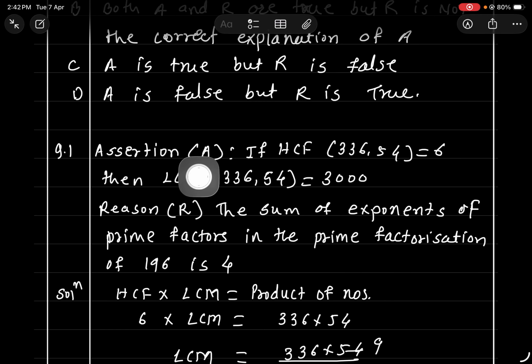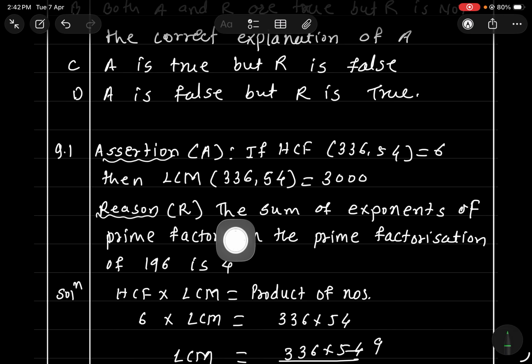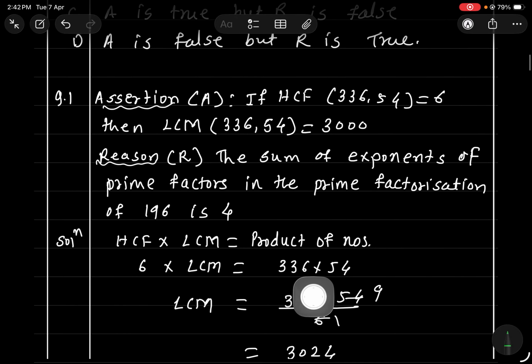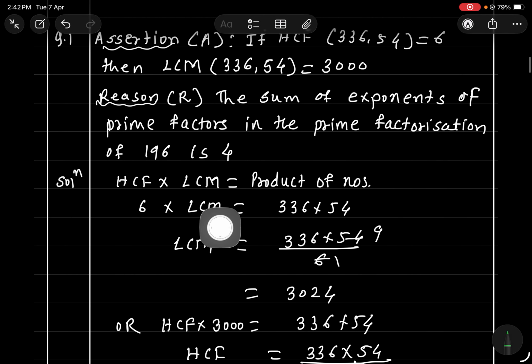This is the assertion. Then the reason is given: the sum of the exponents of prime factors in the prime factorization of 196 is 4. Now we have to check this. Here two numbers are given, the HCF is given, the LCM is given, so we have to find out.